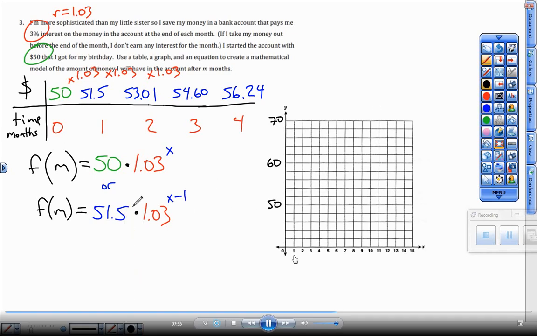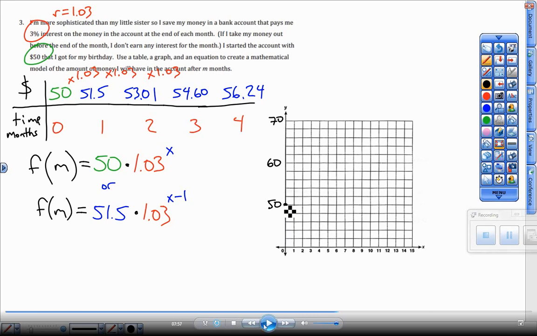When I graph it, I adjusted the scale a little bit. I said every 1, 2, 3, 4, 5 boxes is going to be 2. So this is 52, 54, 56, 58, 60, 62, 64, 66, 68, 70. This would be 50, 48, 46, 44, 42, 40.